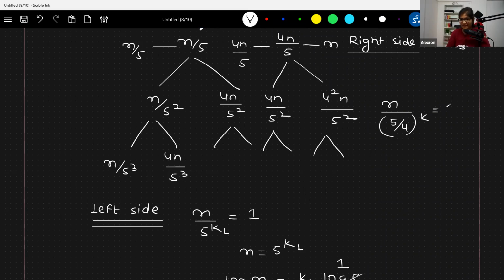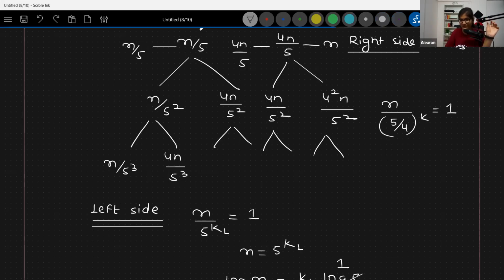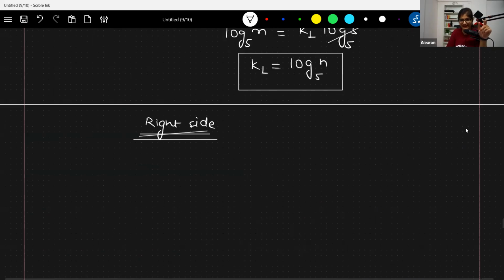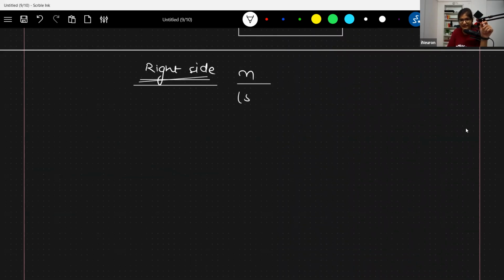Can I say what I did here? Whatsoever be the numerator part I have, I just take it down in order to make it easier for me. That's it. Now, if I solve this equation, n divided by 5 by 4 to the power k equals to 1, this is equals to n is equals to 5 by 4 to the power k.